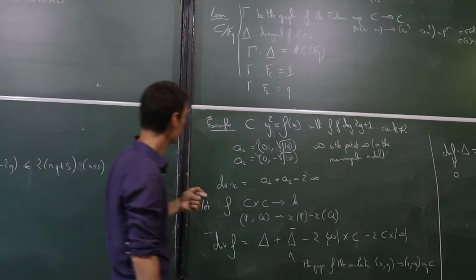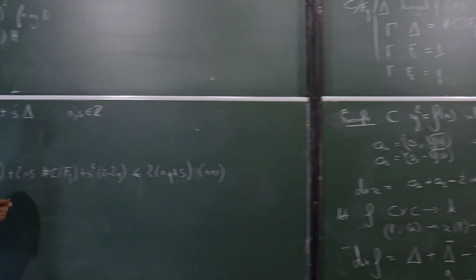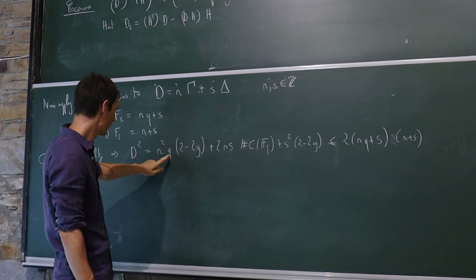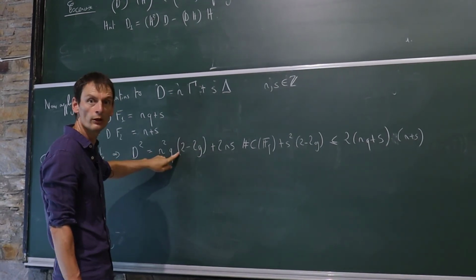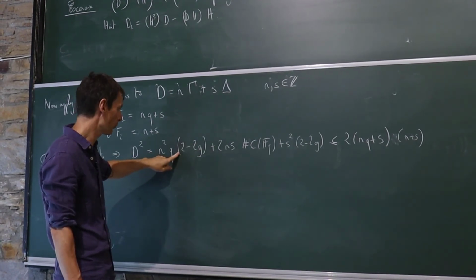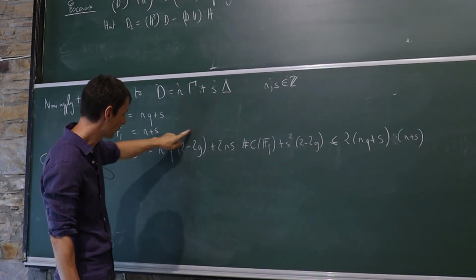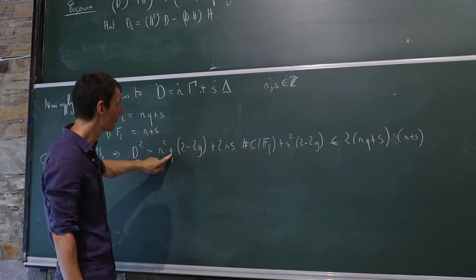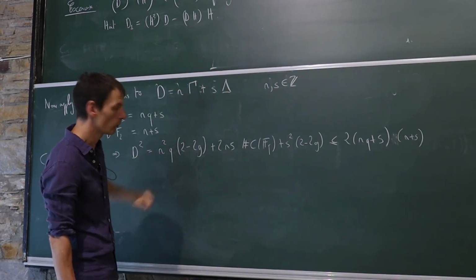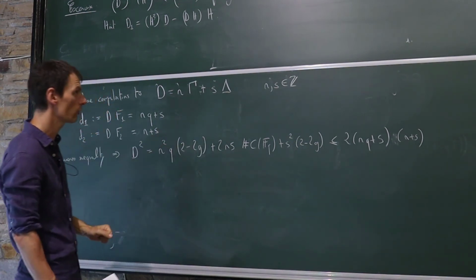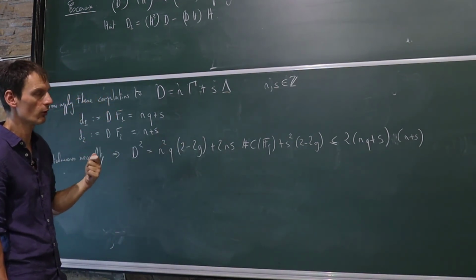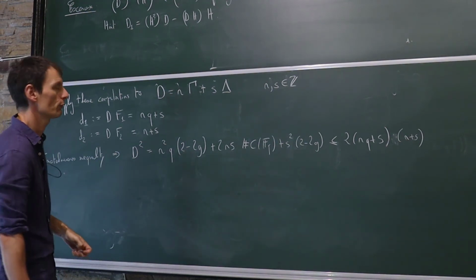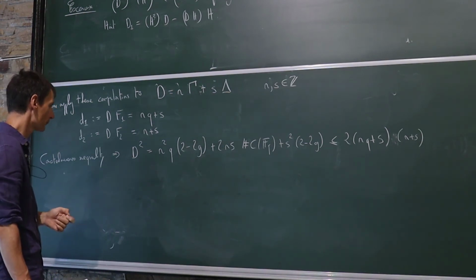Then there is a formula that tells you that the self-intersection of gamma is the degree of the map, so Q, times the intersection of delta with itself. We already know that the intersection of delta with itself is 2 minus 2g. The degree of the map is Q, so gamma squared is Q times (2 minus 2g). I forgot to mention it, but it's another general result on intersection numbers of pre-images of a divisor.